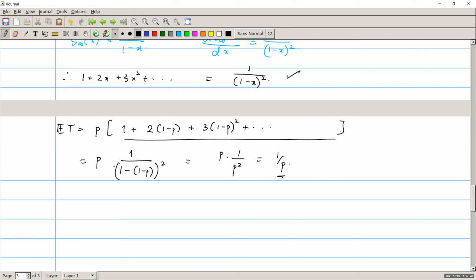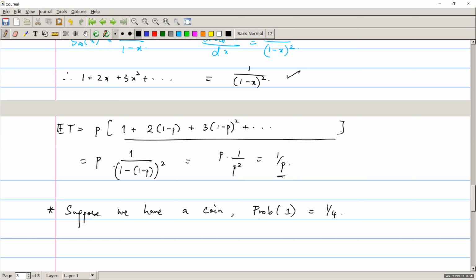Okay, because what it tells you is this: if you have a coin where the probability of showing up heads is 1/4, how many times should you flip the coin before you see a heads?